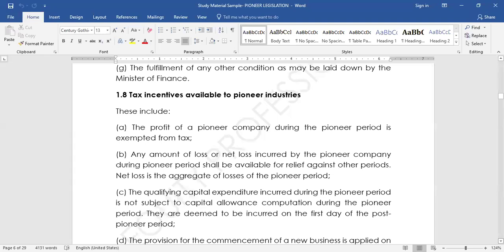In the pioneer period, the tax holiday, the profit you make is not subjected to tax. The post-pioneer period is the period after the 3 years of pioneer period. For the post-pioneer period, you apply the commencement rule, while for the last year of the pre-pioneer period, you apply the cessation rule.